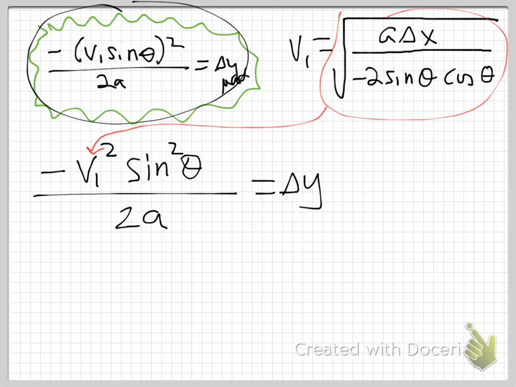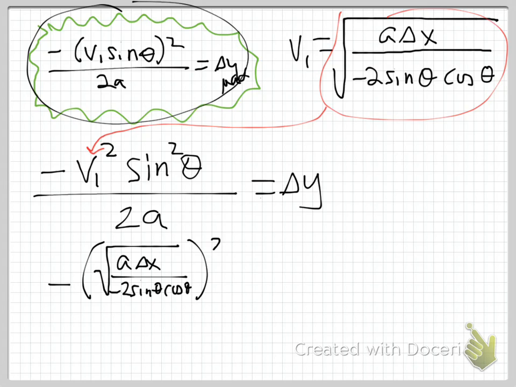So we have the negative of, and I'll go ahead and put it in there just to not skip a step, sine theta, cosine theta, that squared, divided by 2a equals delta y. There is no more simplification possible at this point. You are ready to plug.